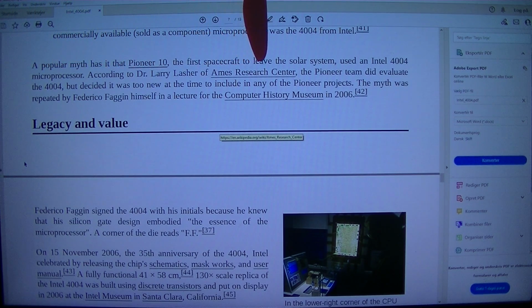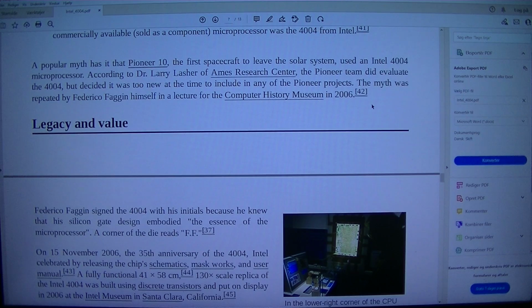According to Dr. Larry Lasher of Ames Research Center, the Pioneer team did evaluate a 4004, but decided it was too new at the time to include in any of the Pioneer projects. The myth was repeated by Federico Faggin himself in a lecture for the Computer History Museum in 2006.